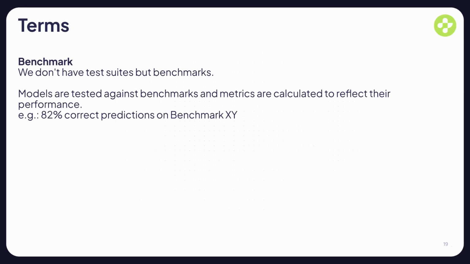So in AI, we're often talking about benchmarking, which I think can be referred to like a test suite, where a benchmark is essentially a collection of test samples that you would test your LLM against. And with one benchmark, you typically also have a specific metric that you want to calculate. Accuracy is a very simple one, where you just check how much percent of the samples were correct or incorrect. And then in the end, you can give a report and say, my LLM XY scores 82% on a given benchmark.